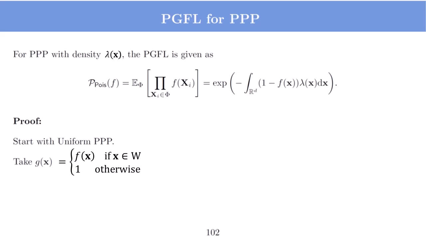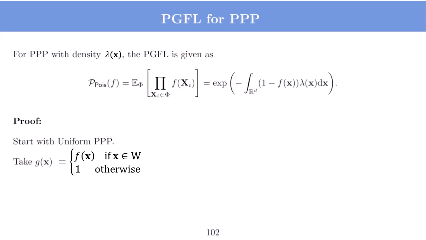So if you multiply them, it will not change the product. In other words, I'm only considering the points inside W, and for outside points I'm just ignoring them. And if this W is large enough, the PGFL at g would be equal to the PGFL at f, because eventually if you take W very large, you end up taking all the points.